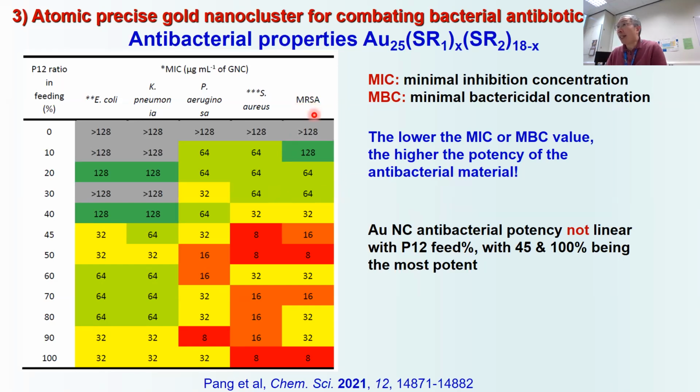What we have found is that initially, of course, it is non-active, and about 45% to 50% gives a minimum, and then it becomes less effective. And when we have 100%, it appears to be effective again. So clearly we showed that its antibacterial potency is not linear with the P12 ligand.